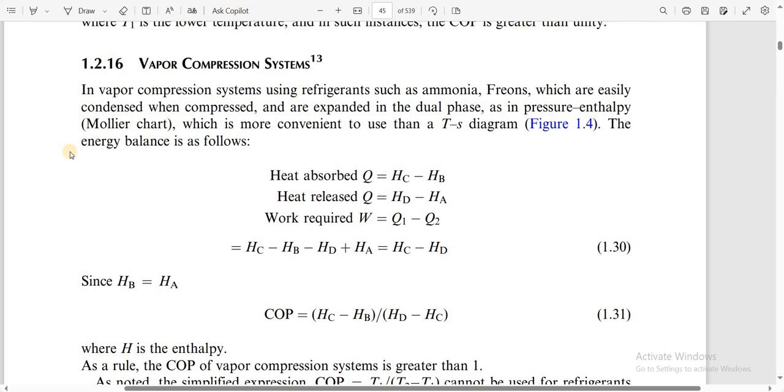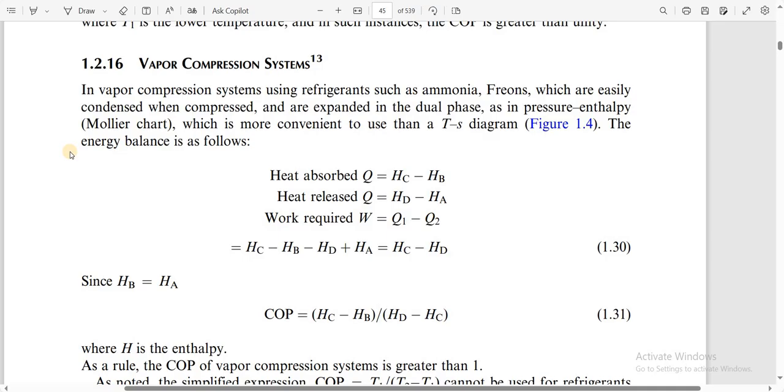Vapor compression system. In a vapor compression system, using refrigerants such as ammonia and freons, which are easily condensed when compressed and are expanded in the dual phase, as in the pressure enthalpy chart, which is more convenient to use than the TS diagram.